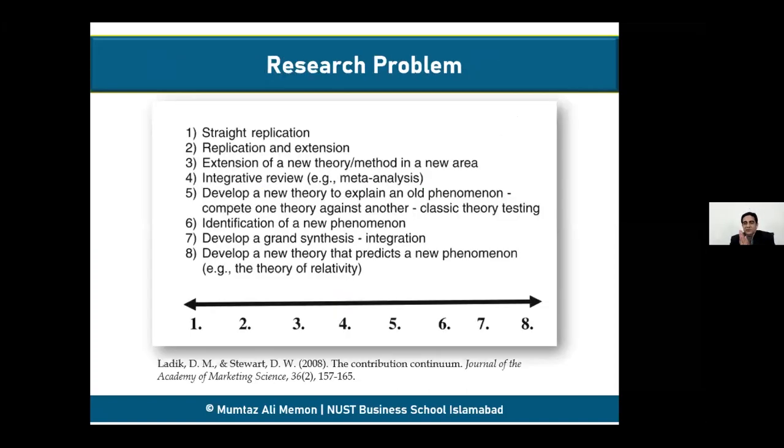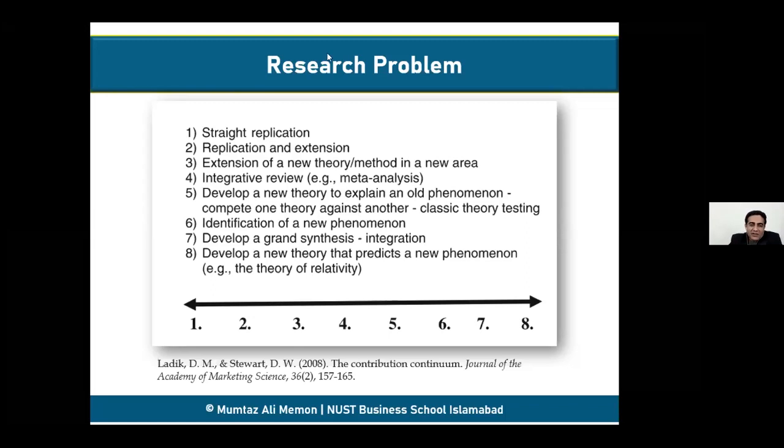So think about the research problem, think about the sources, think about the gaps, and think about your contribution. As I mentioned just now, not all gaps can be a contribution. There are several things you need to understand, the contribution continuum: how it goes, which is a strong contribution, and which are considered the lowest contributions.